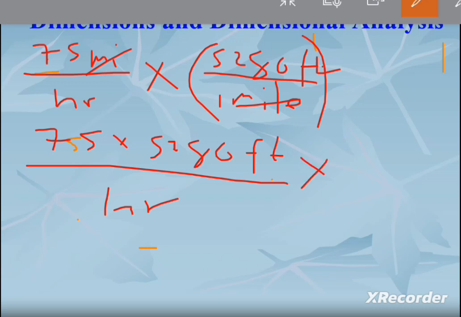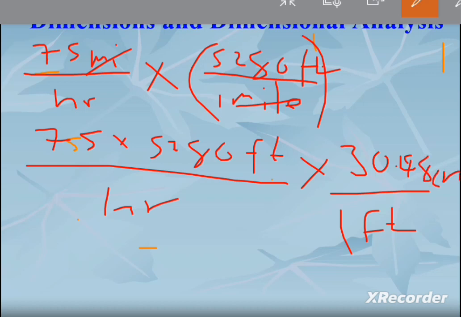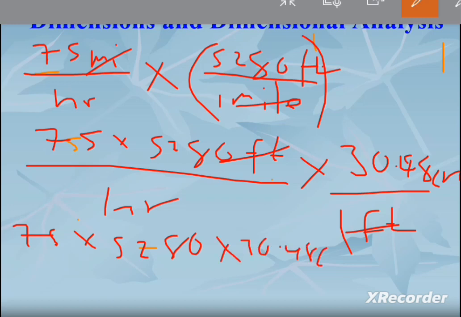Because foot is up, we put it down and say 1 foot is equal to 30.48 centimeters. Then we cancel foot, so you are left with 75 times 5280 times 30.48 centimeters over an hour.